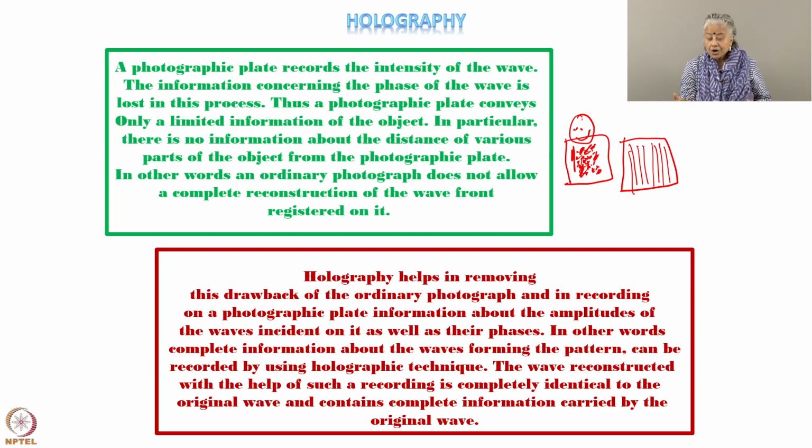So, a hologram does not look anything like the object that you are trying to reproduce, but still it is able to reproduce it under certain conditions. Okay. So, let us see how it goes.